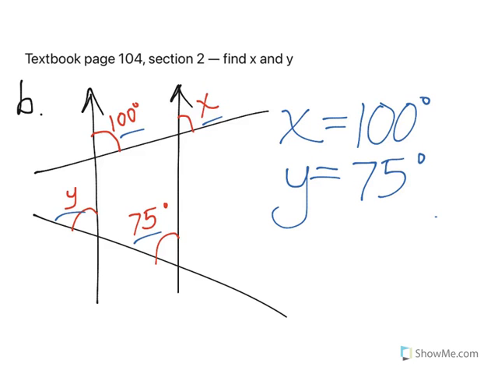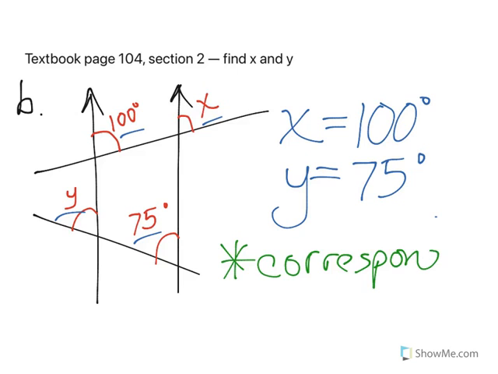Again, both of these are corresponding angles, all right? Pretty straightforward, okay? We're using the information we know. I'm going to keep repeating this. Using the information we know to answer for x and y, okay?